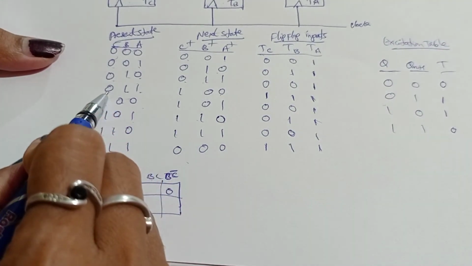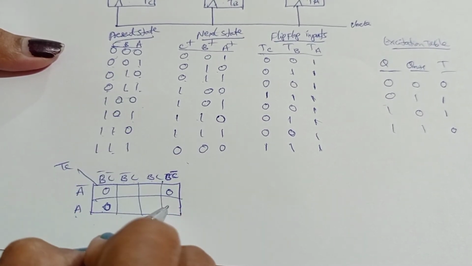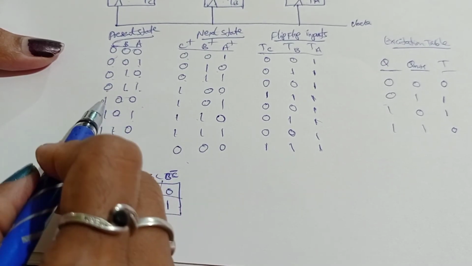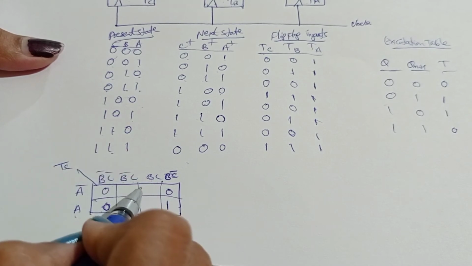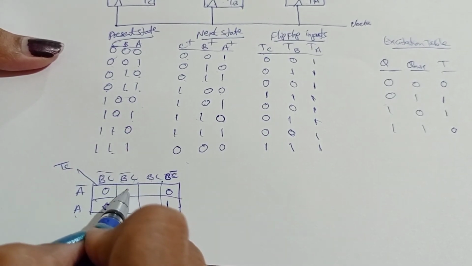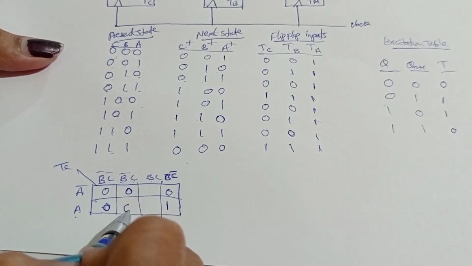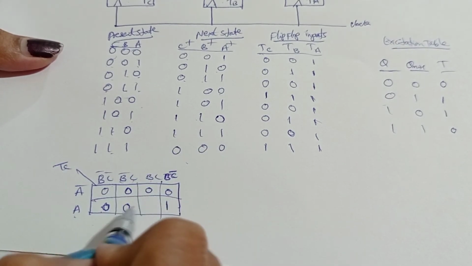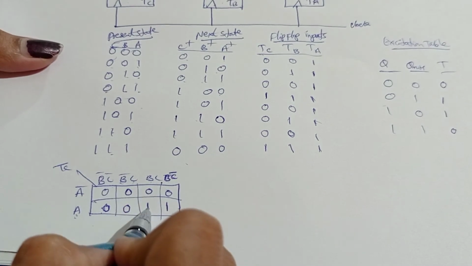Next C bar AB: this is C bar AB, so the next value is 1. Next 100, that is C is 1 and AB 00, so the next value is 0. The next value is 0, and finally all ones, A, B, C are 1.